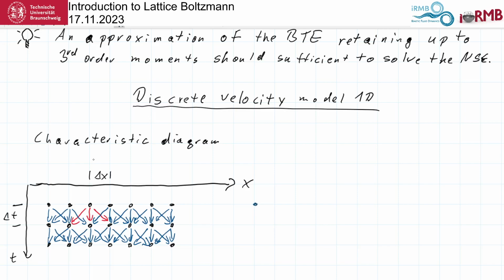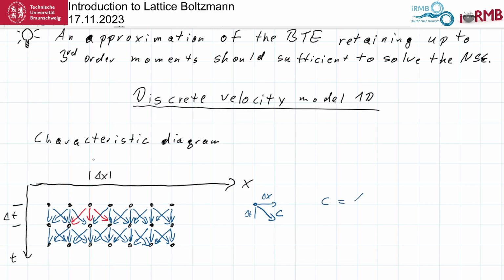So here again, this is delta x, and this here is delta t, and now the velocity, this movement from here to here, moving in space according to time, this is of course the velocity. So we call this c.